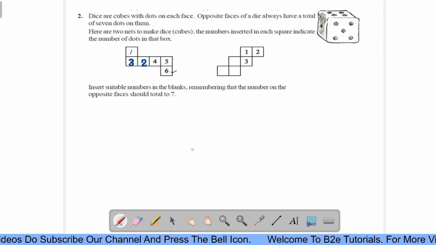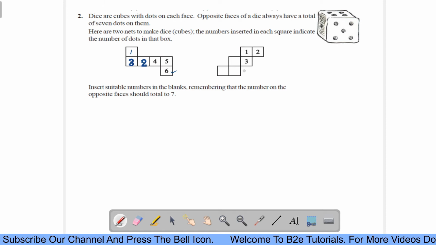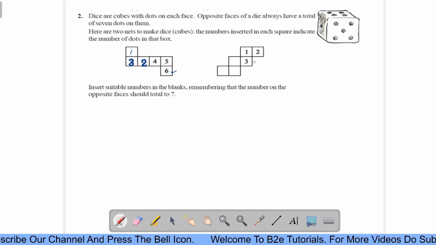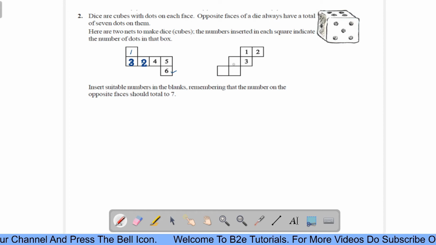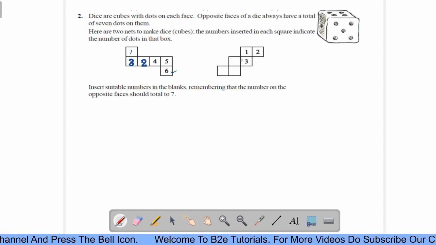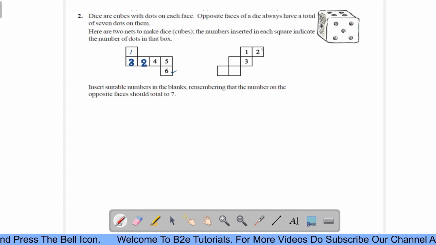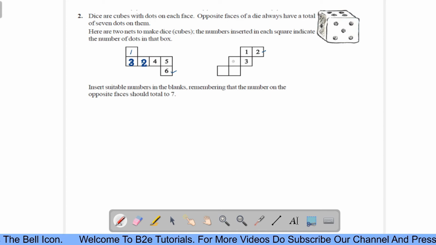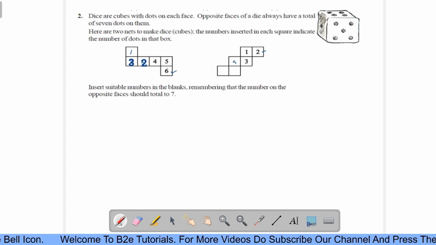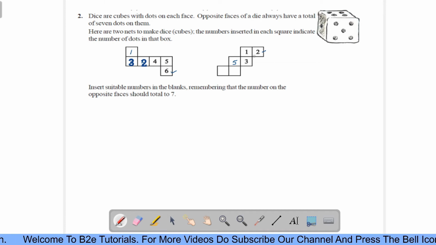Now come to second figure. Here what is given to you? Here it is 1, 2, 3. Here what will come, so that the sum of opposite sides becomes 7? Here it is 2, opposite face will be this one. It should be 5 because 5 plus 2, it is 7.